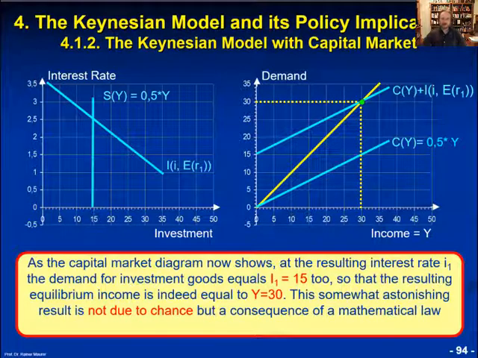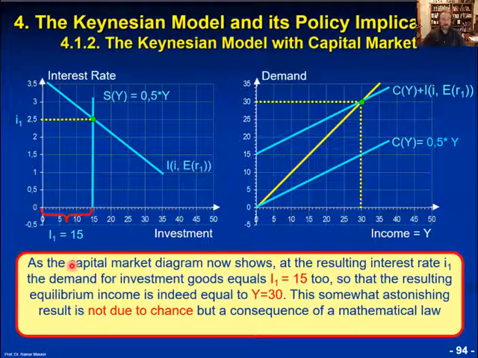It is now interesting to see that given this savings supply curve here, the resulting interest rate causes an investment demand of 15 units.